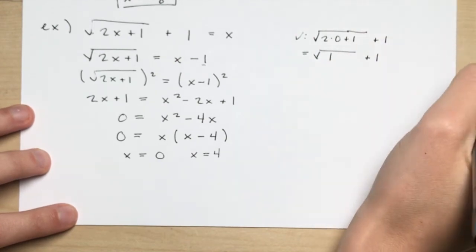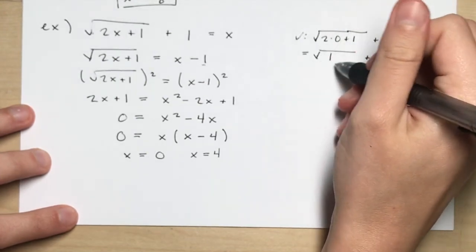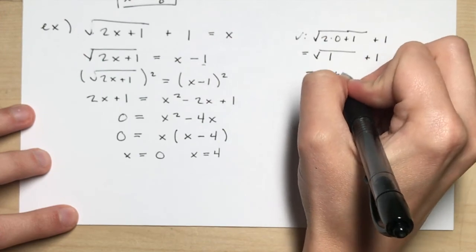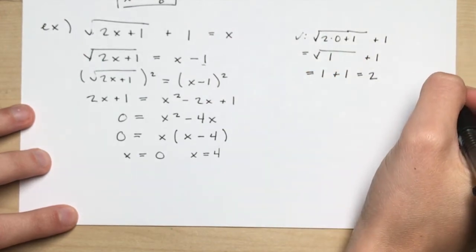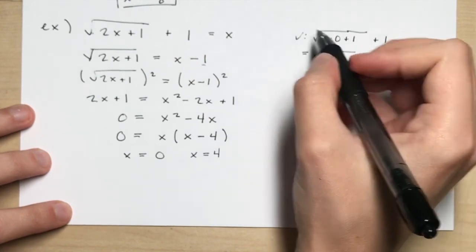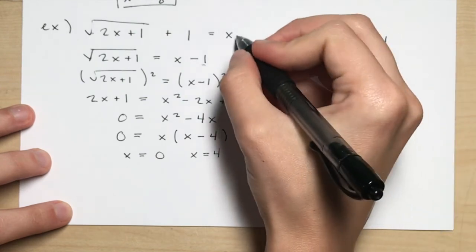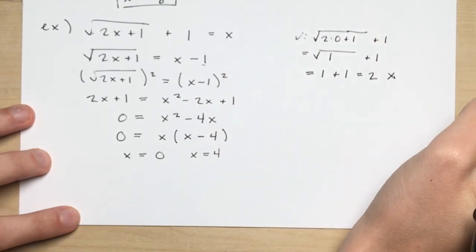So we have square root of 1 plus 1. Again, if we're assuming that we're positive, which this is the only case that we should do that in, we have 1 plus 1, which is 2. But we said that this equation should equal x, and what is x? X here is 0, so this is not correct.